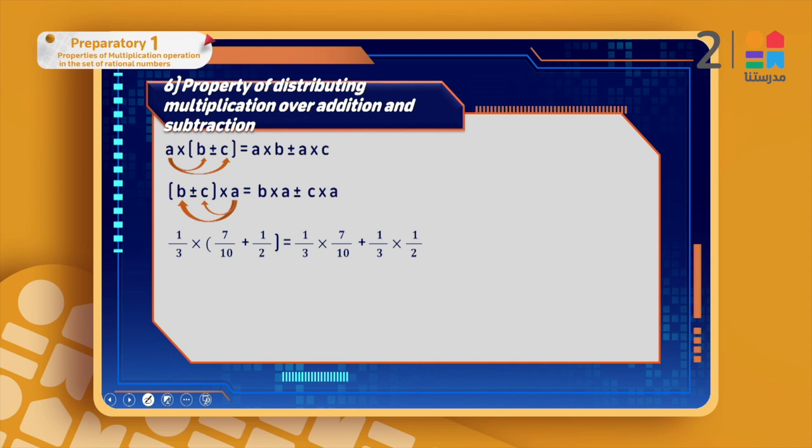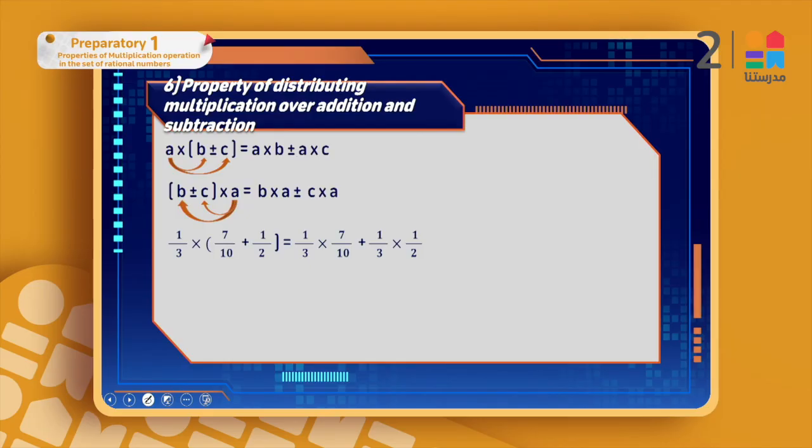Let's take exercises about it. 1 over 3 times brackets 7 over 10 plus 1 over 2. We will distribute this 1 over 3. We will multiply it by 7 over 10, then multiply it by 1 over 2.